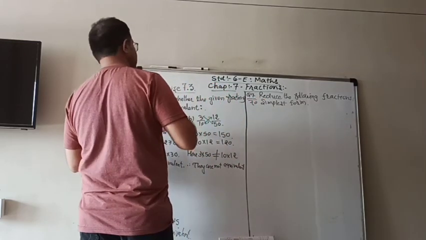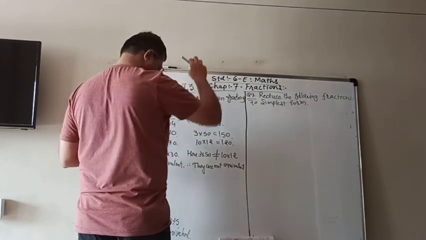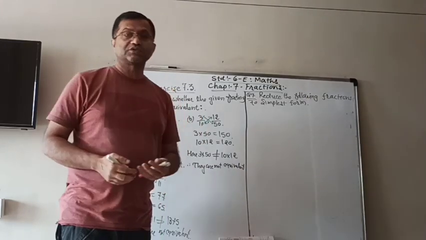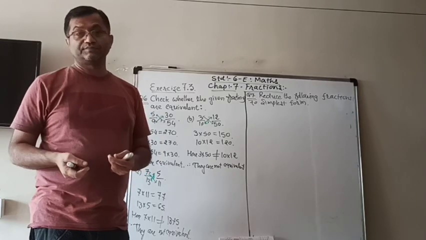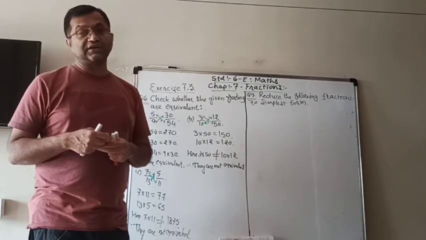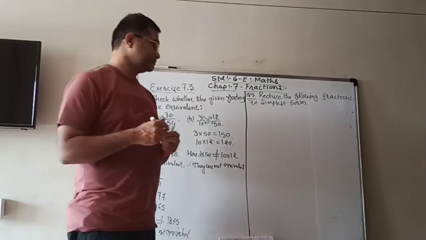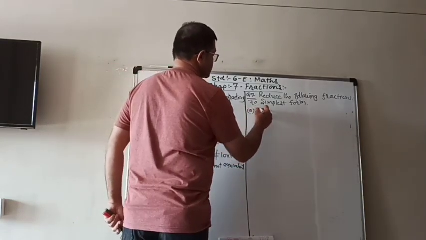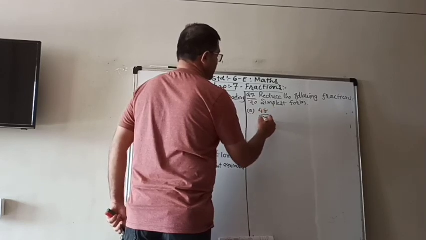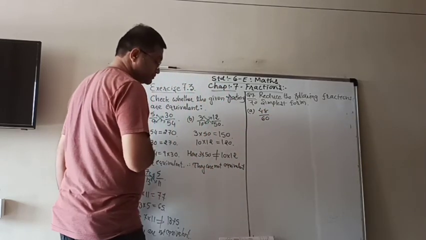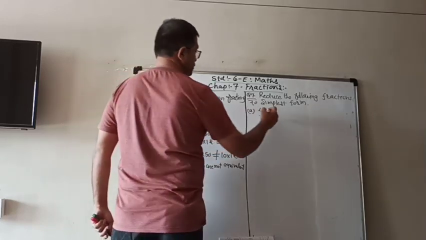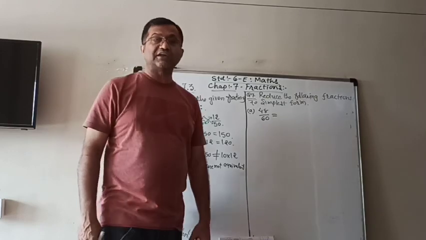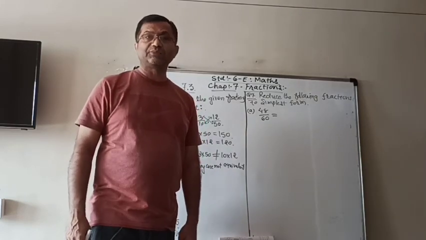We will find out the prime factors, and then in the numerator and denominator we will cancel the same factors, and then the remaining will be the answer. So first is 48 upon 60. Now, if you remember any common factor very simply, then it will be easy for you also.